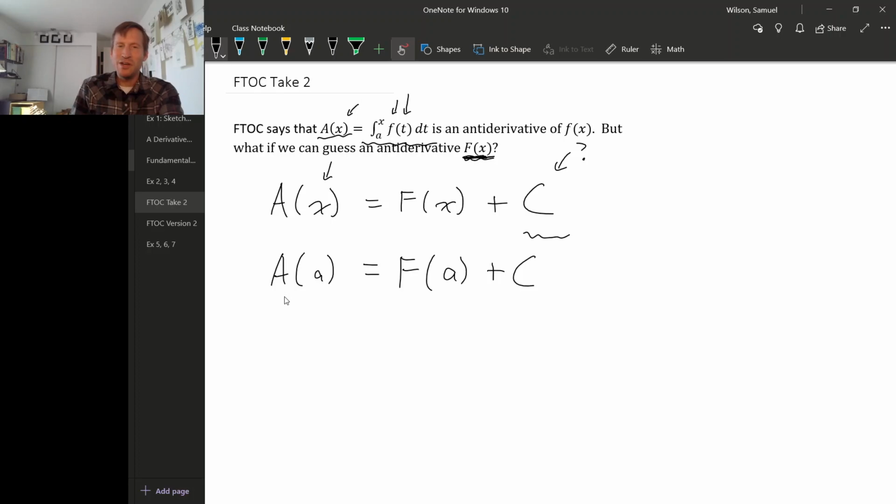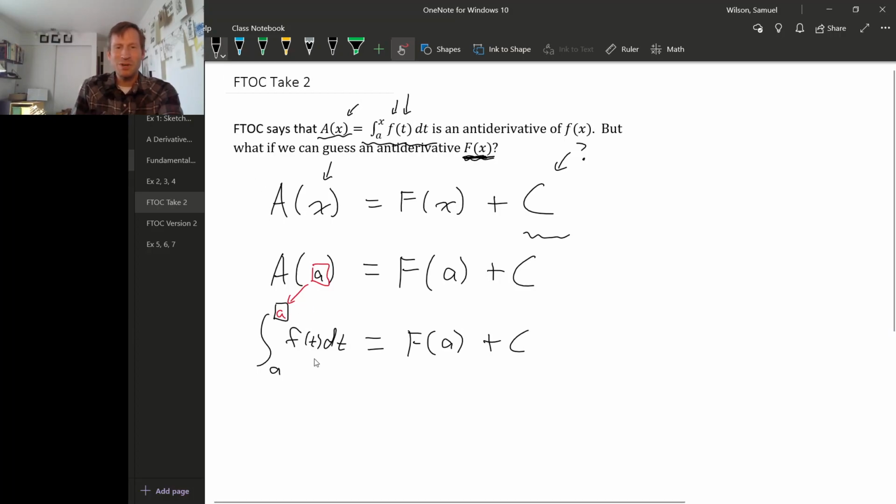Well, I said we know what the area function is at little a. What is it? Remember the area function is the integral from little a up to your input of f of t dt. Right-hand side is still capital F of a plus c. But we're putting little a into this function, so we have to put little a right here. But what is the integral from little a to little a of f of t dt? It's 0.